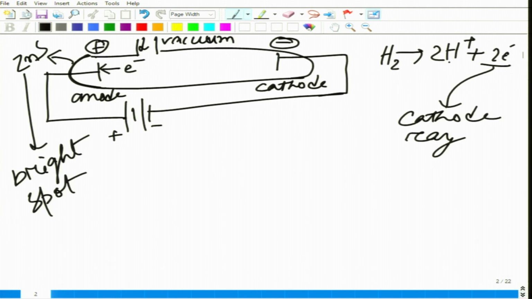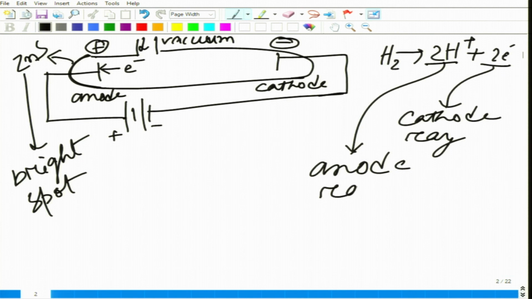A similar experiment was repeated for the discovery of protons, that was called anode ray. These positive ions were positively charged, so they moved towards the cathode. In this case, the wall behind the cathode was coated with zinc sulfide, and similarly a bright spot was obtained here.